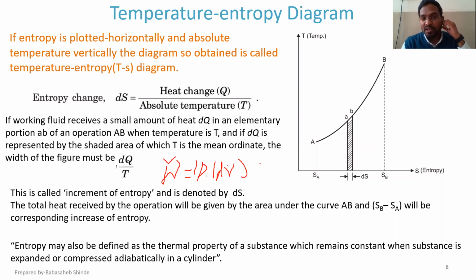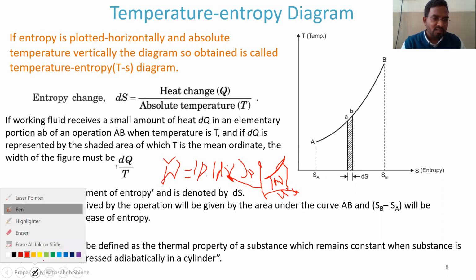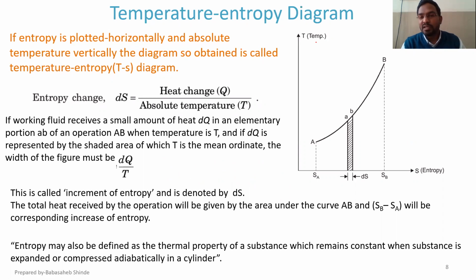So in case of PV diagram, when you plot pressure along y-axis and volume along x-axis, and if I draw a line that predicts the relationship between pressure and volume, then area under the curve is nothing but this P into dV, and that is nothing but the work produced during the process, right?